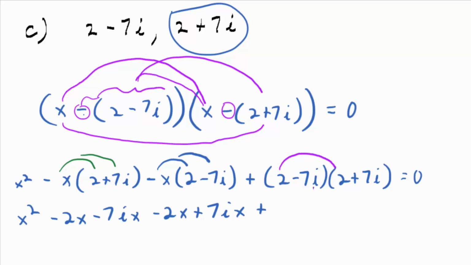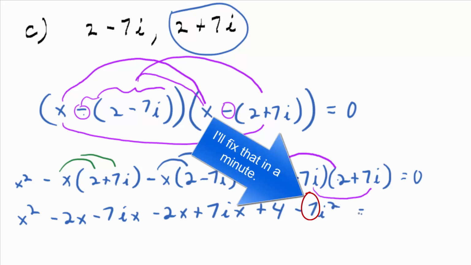Nope, just multiply the first terms together, 2 times 2, and then the last terms from the FOIL method, minus 7i distributed over a plus 7i, and I get 4 from the first multiplication, and then I get minus 7i squared from the last multiplication.